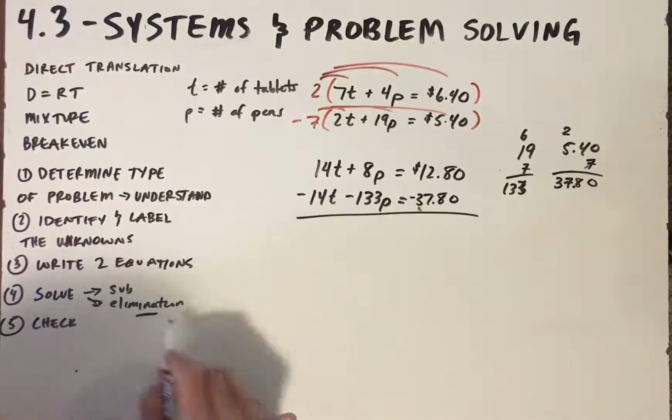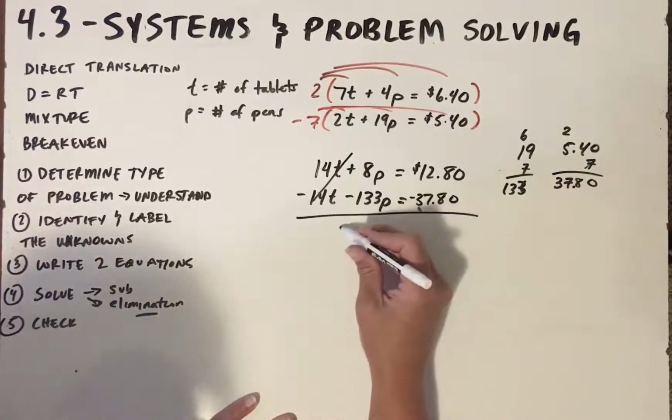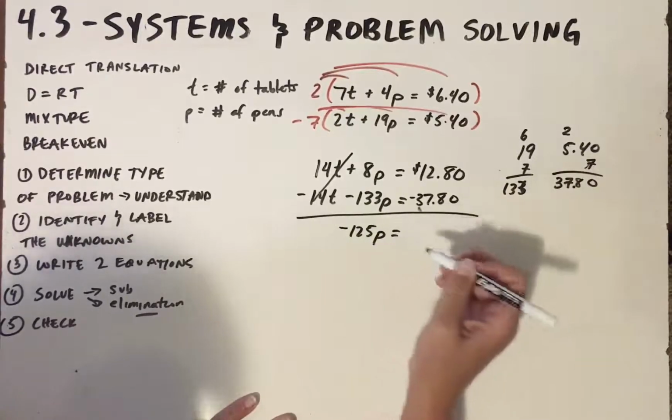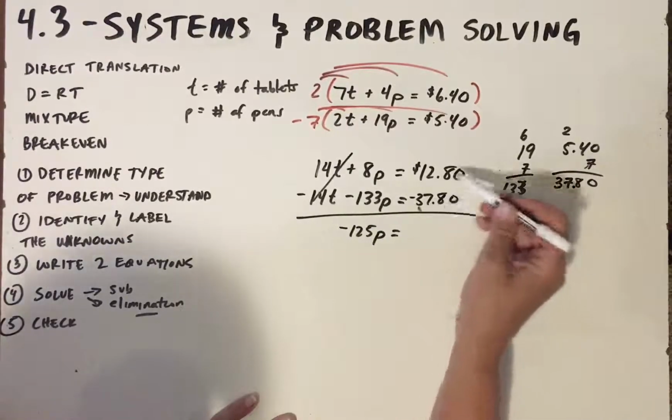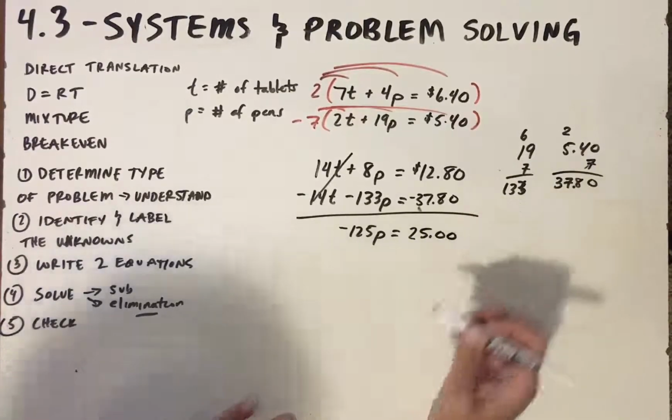So when I add these together, now we are using elimination this time to solve these. Those sum to 0, and I'm going to get a negative 125P is going to be equal to the difference of these two, which is $25.